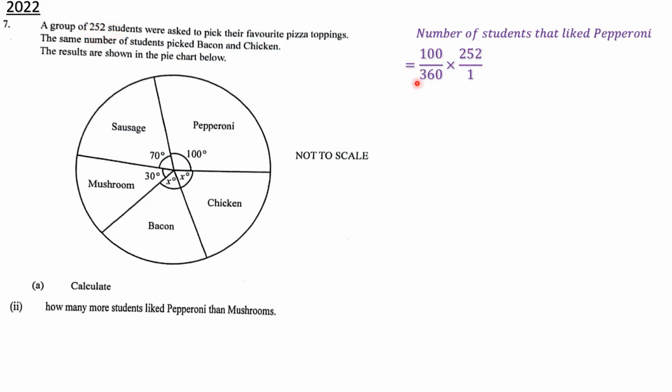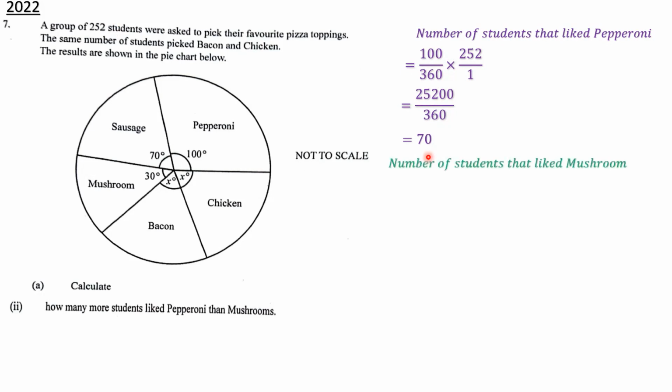Then we multiply 100 times 252, which is 25,200, and 360 multiplied by 1 is 360. And so we have 25,200 divided by 360. That's going to give us 70. So that means that 70 students like pepperoni.